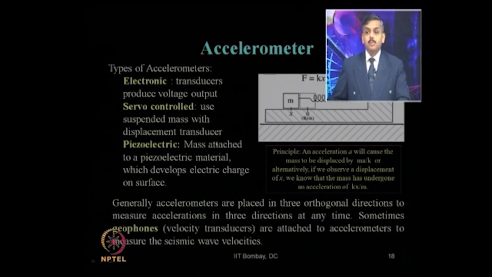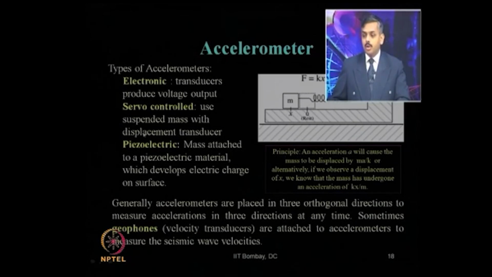So, the picture we have seen earlier for the accelerometer in previous lectures is nothing but servo controlled, where a suspended mass was hanging, and on the tip of that a graphite or pencil kind of arrangement was provided, which records, through the shaking of the ground, the acceleration versus time record.